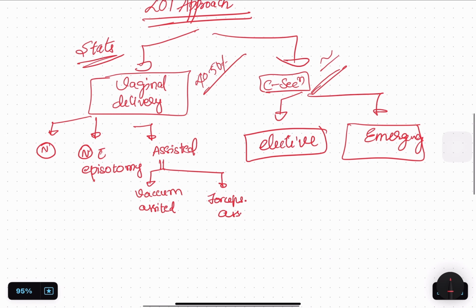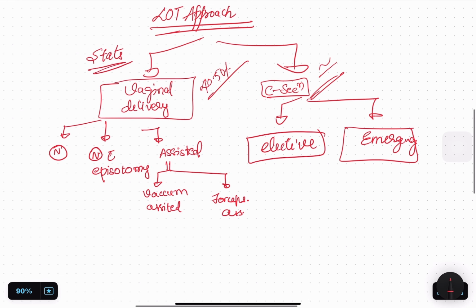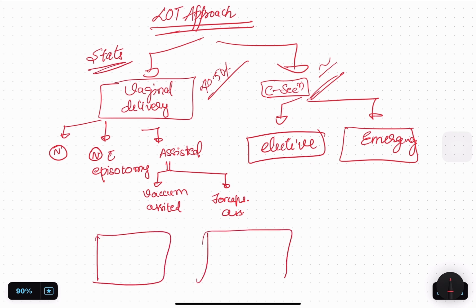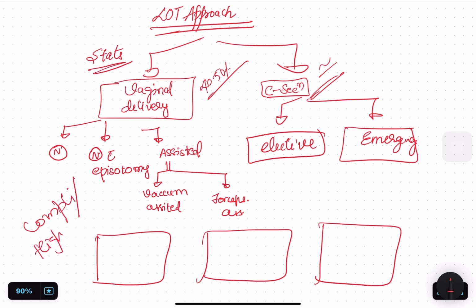Now if you go to your labor room, complicated or high risk pregnancies will be operated in a different room. For example, in my college there is something called PIH, that is the preeclampsia room.